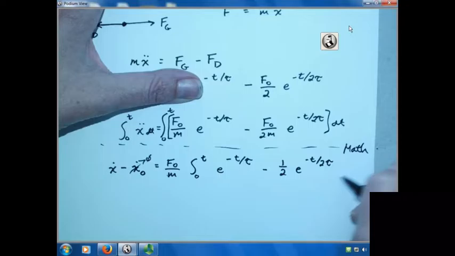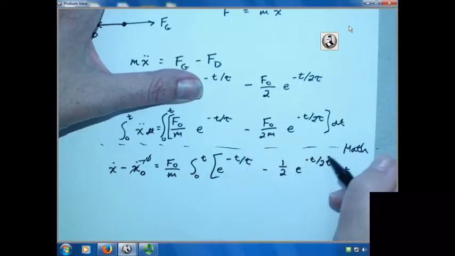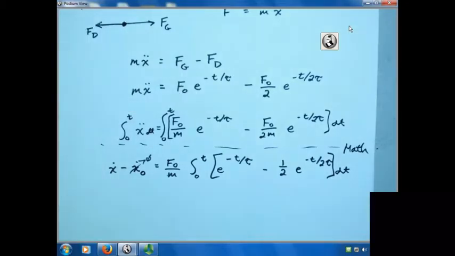And then I need a dt over here. But this dt should be applying to both of them. All right, I will not skip any math steps at all. That's my first step. Are you guys okay with that step?